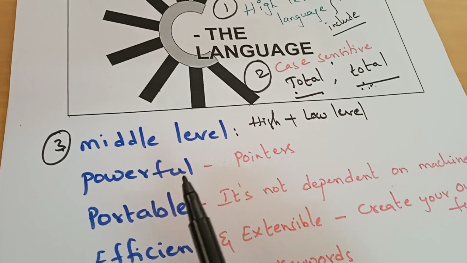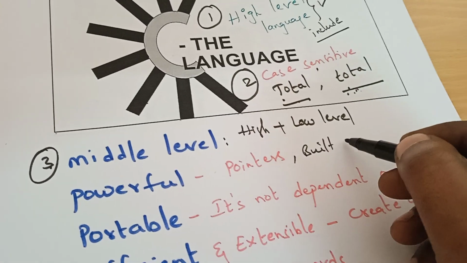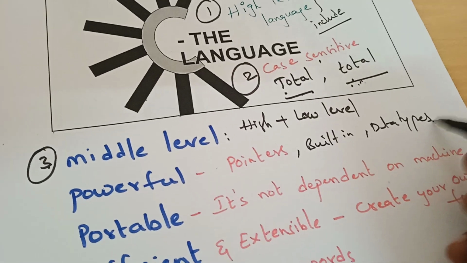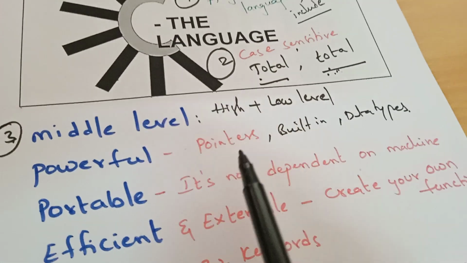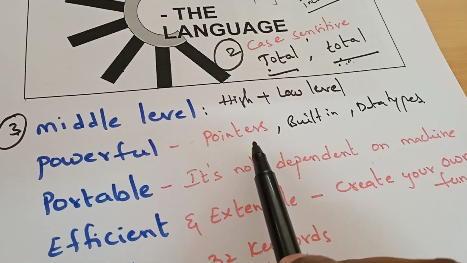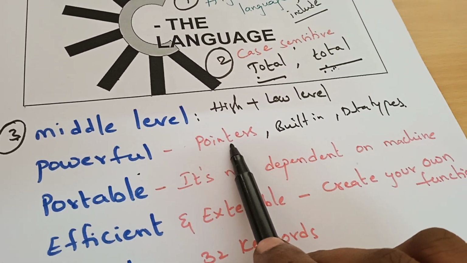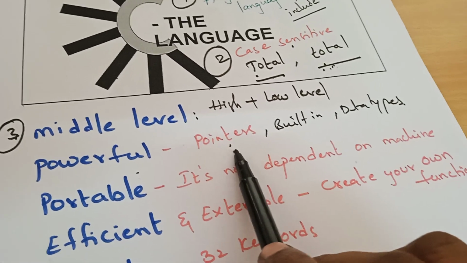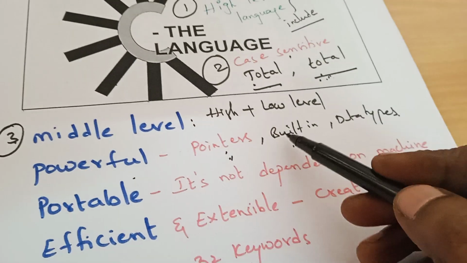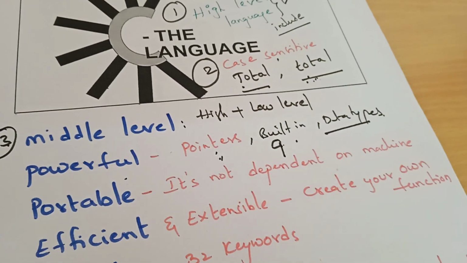The meaning of this is C supports built-in operators, very strong operators, and very good data types, and we can even access the address of a variable. So we are given permission to access through pointers. C is a very powerful language because we use pointers, that is, we are given permission to access the address of a variable, and we have some built-in operators and very strong data types.